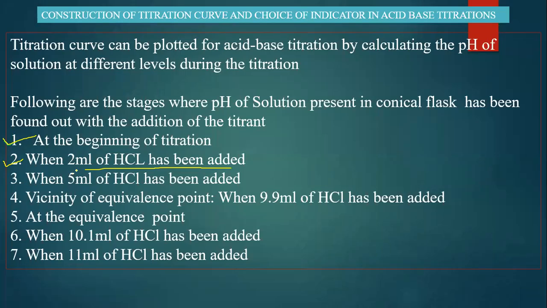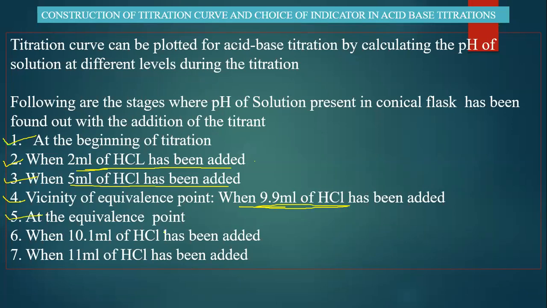When you are adding 2 ml of titrant, that is 0.1 normal, 0.1 molar, then you calculate the next pH at 5 ml of HCl added to the weak base. After that you calculate the pH near the equivalence point, in the vicinity of the equivalence point, that is when you are adding 9.9 ml of HCl. 10 is generally considered the equivalence point.